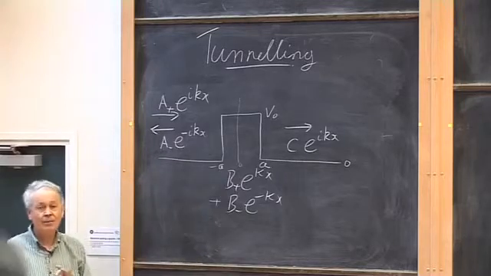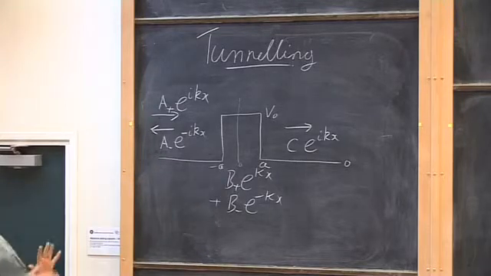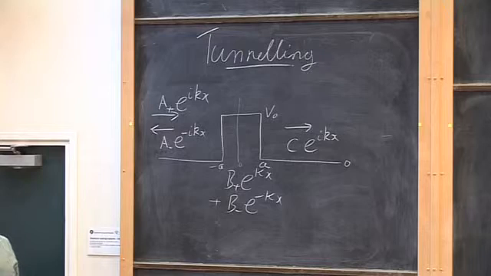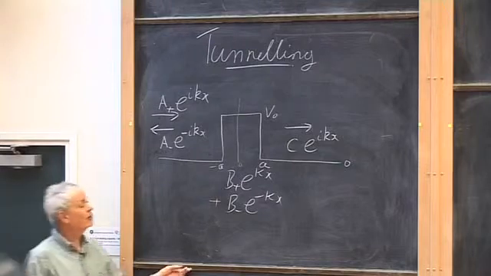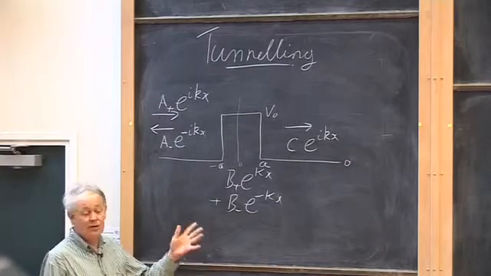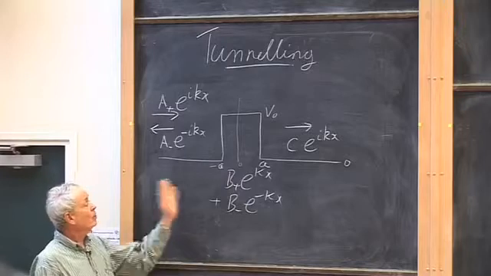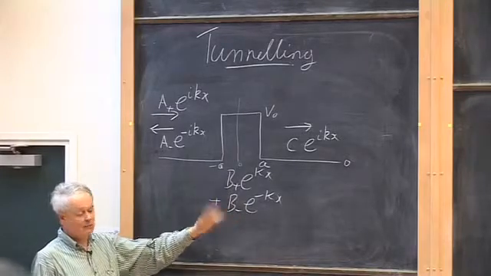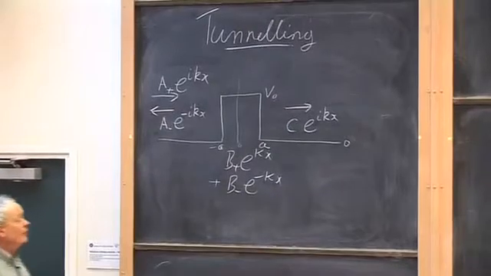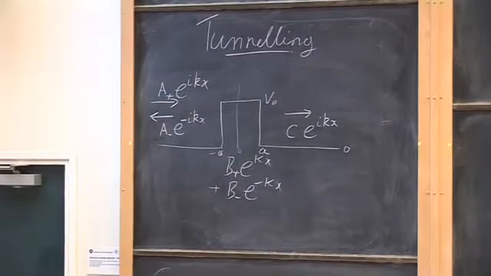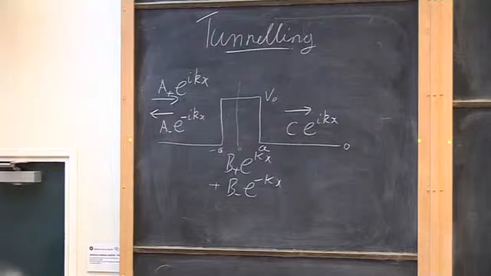Now, you can handle this problem by looking for solutions of well-defined parity, but it's slightly unnatural. It's actually a very good way to go, but it's not such an obvious and intuitive way to go, even though it's computationally simpler. And I think it's worthwhile just seeing what happens when you play the game straightforwardly, and you'll see the algebra becomes quite unpleasant, which illustrates the benefits that we had before by assuming well-defined parity.